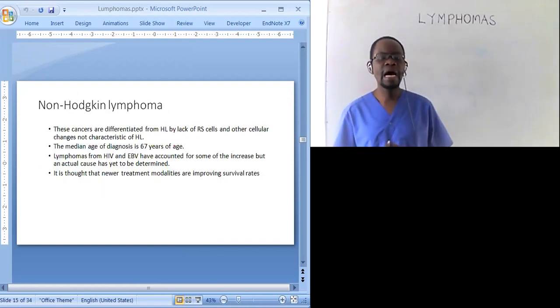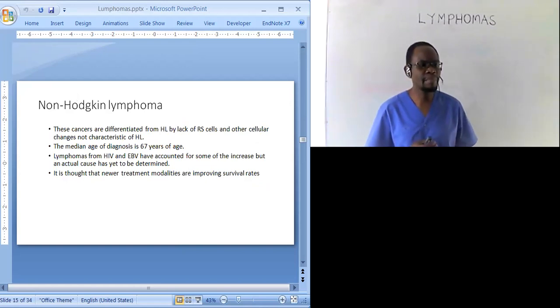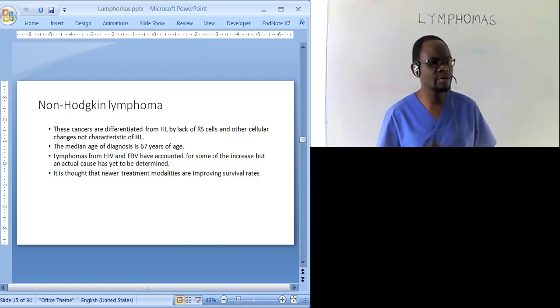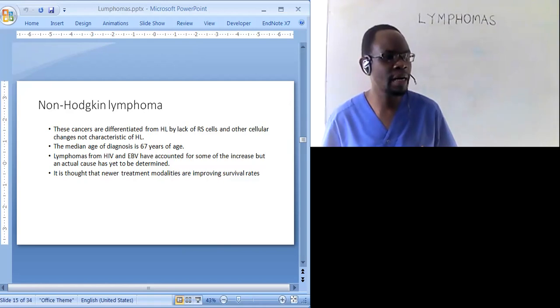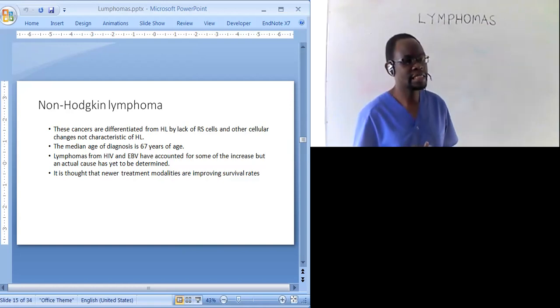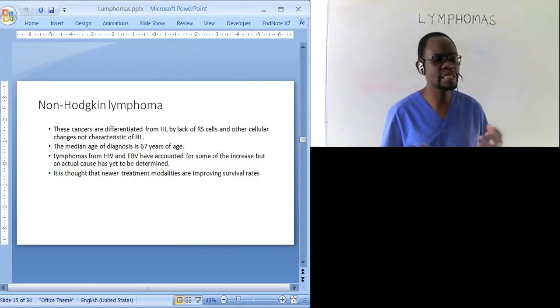All right. Now let's talk about non-Hodgkin's lymphoma. These cancers are differentiated from Hodgkin's lymphoma by the absence of Reed-Sternberg cells, and the median age of diagnosis is usually 67.